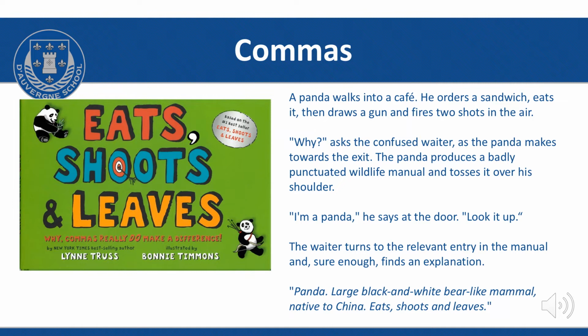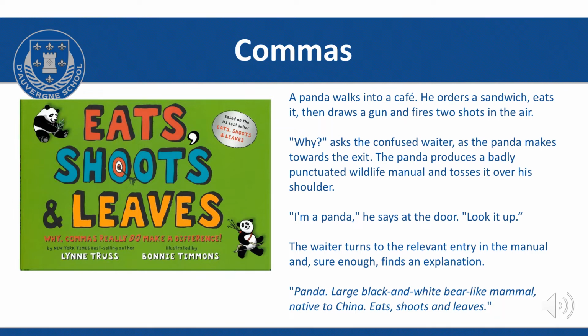"Why?" asks the confused waiter as the panda moves towards the exit. The panda produces a badly punctuated wildlife manual and tosses it over his shoulder. "I'm a panda," he says at the door. "Look it up." The waiter turns to the relevant entry in the manual and, sure enough, finds an explanation.